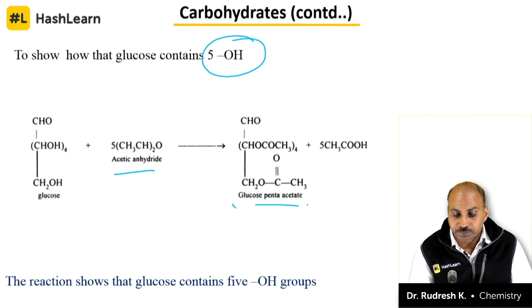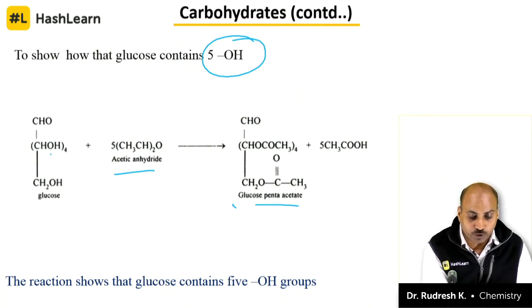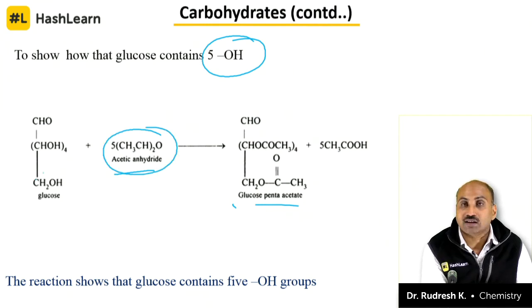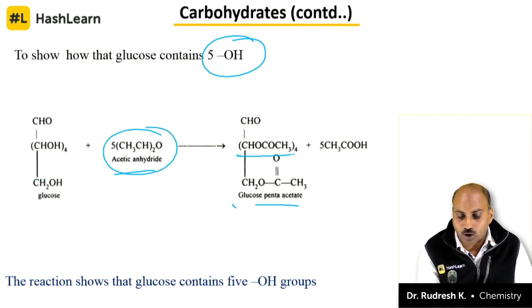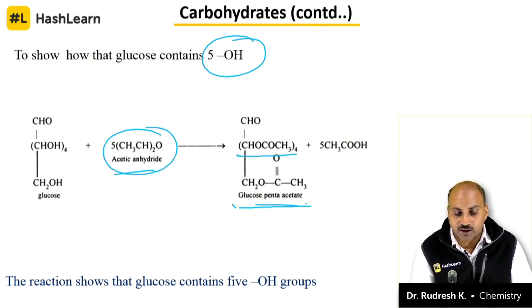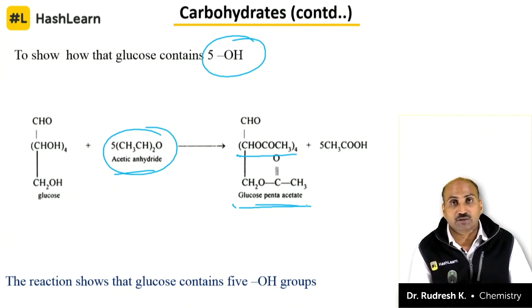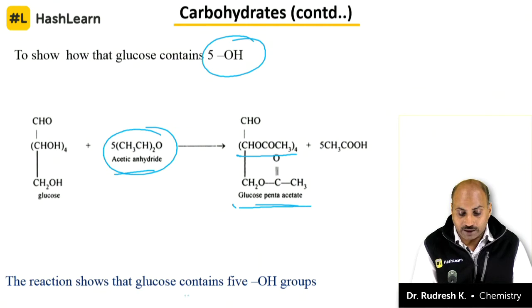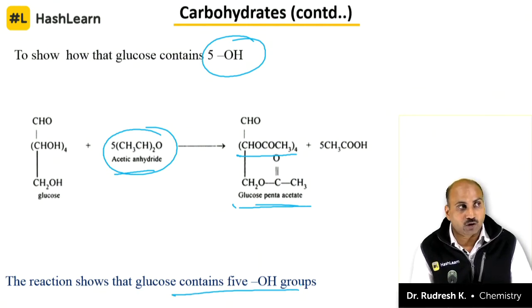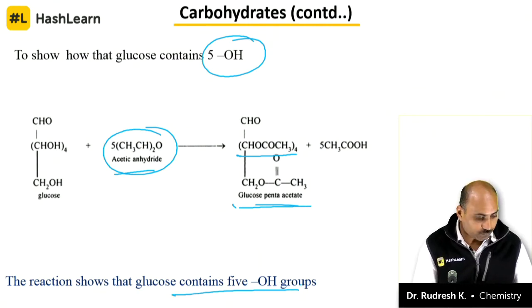You can see that wherever the OH group was there, the acetate group from acetic anhydride has been attached. That will give us glucose pentaacetate. This reaction clearly indicates that glucose contains 5 hydroxyl groups.